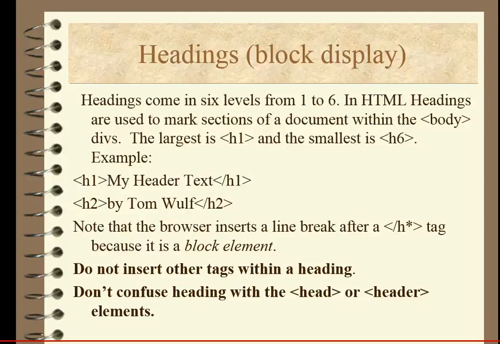The first element we're going to look at is called a heading. There are six versions of this: H1, H2, H3, H4, through H6. Does that make sense? Now, when you have that, you're going to have an appropriate closing tag too.